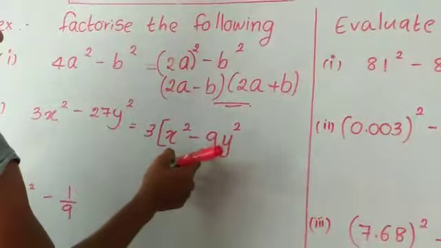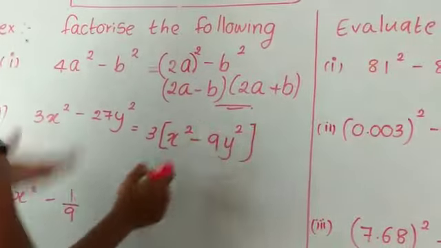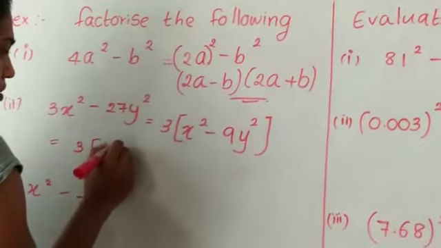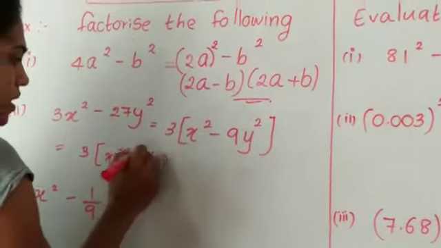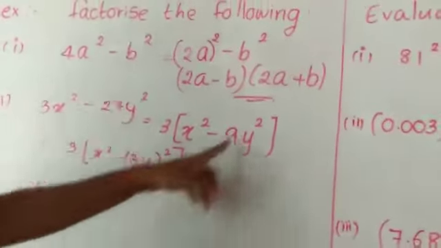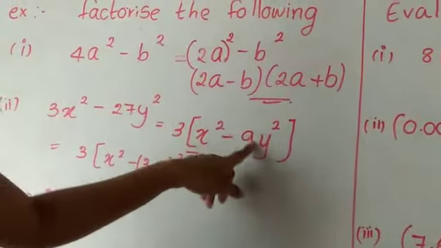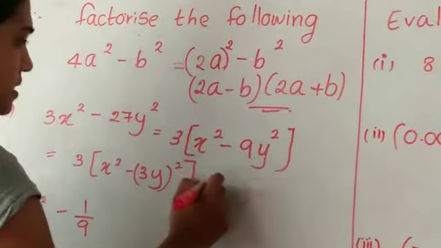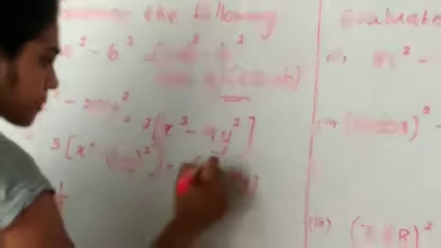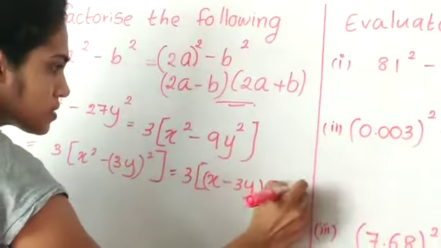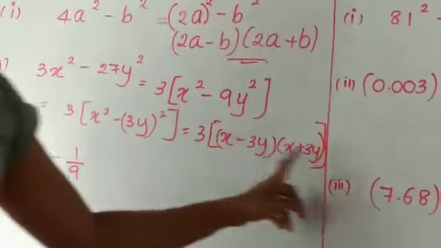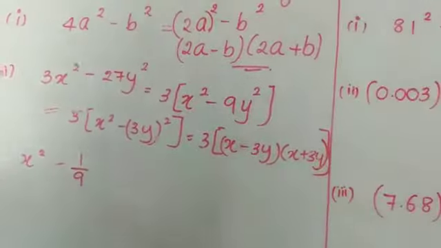Now I can rewrite this as a square number: 3 times (x squared minus (3y) whole thing squared), since 3 squared is 9 and y squared is y squared. So now I can rewrite this as 3(x minus 3y)(x plus 3y). So 3 is out, 3 is common for all this. Moving on to the next one.